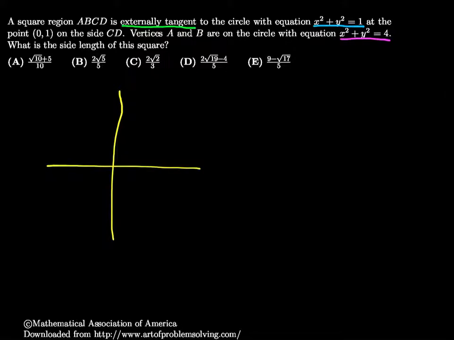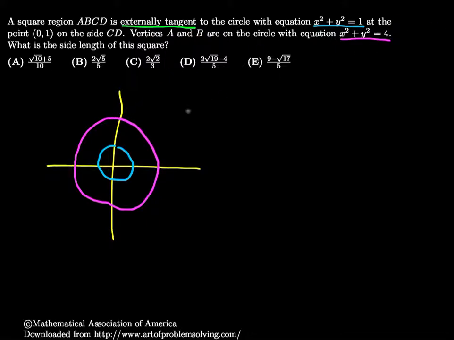This is the circle centered at (0, 0) with radius 1. This is the circle centered at (0, 0) with radius 2. So we get this washer shape.